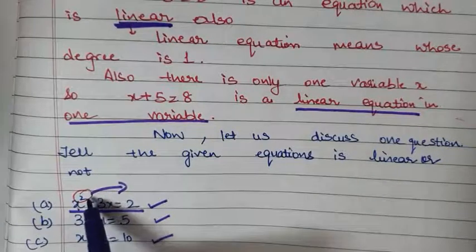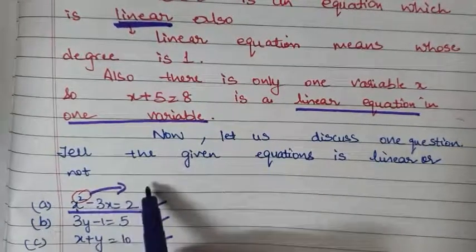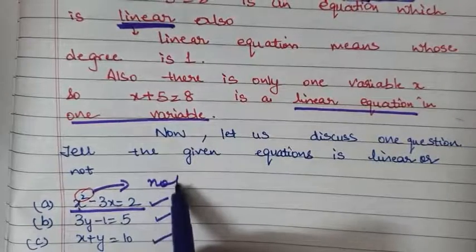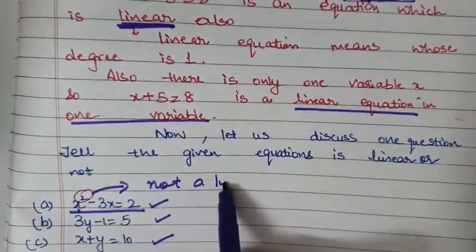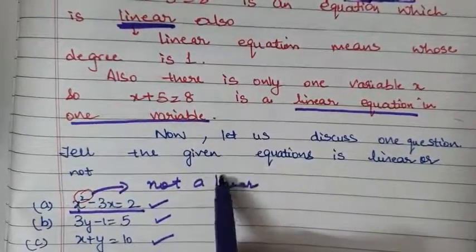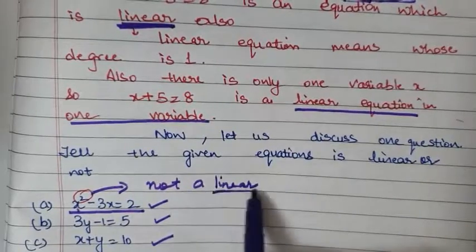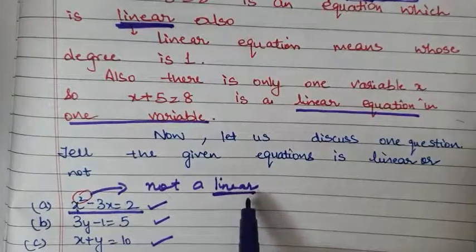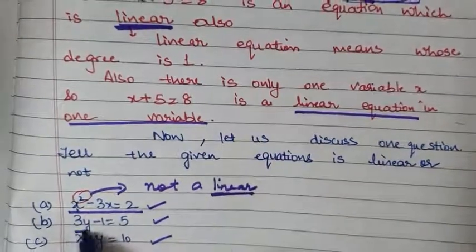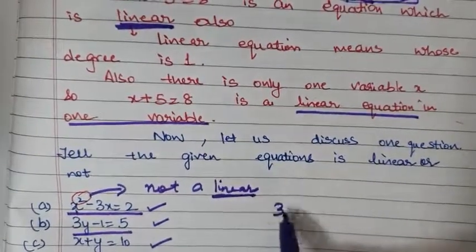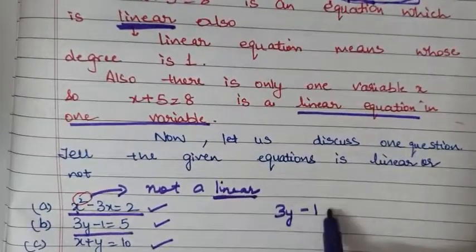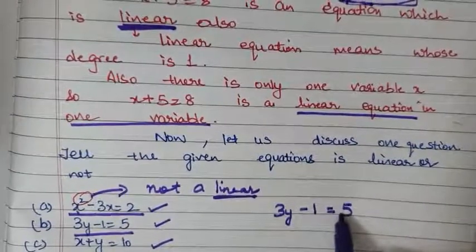That is 2. It means this is not a linear equation, because for linear we need the degree to be only 1. Next is 3y minus 1 equals to 5.